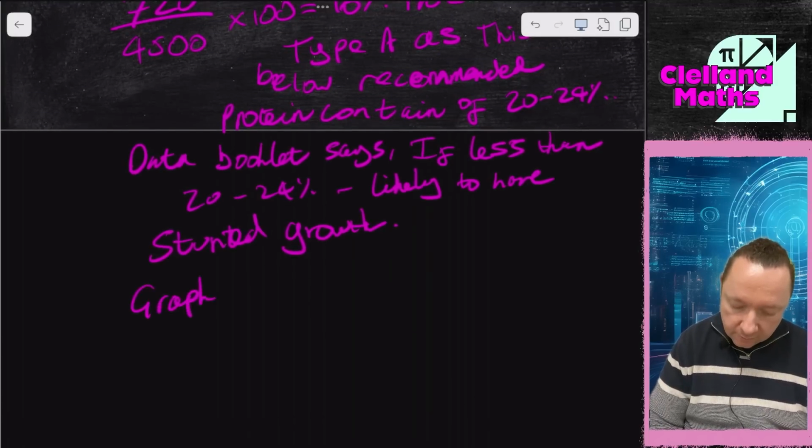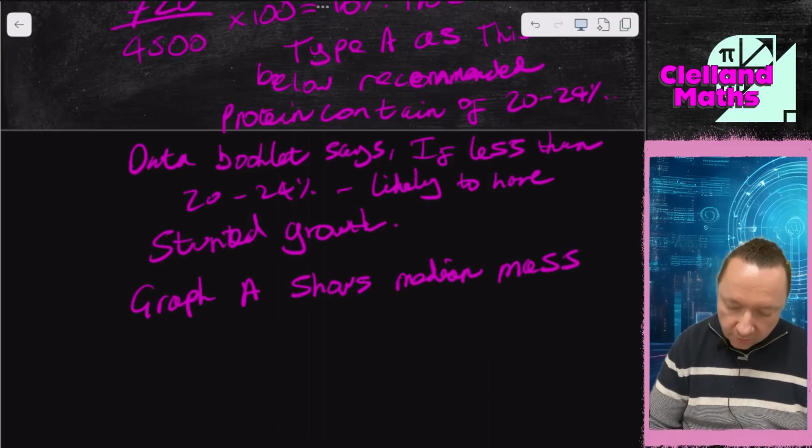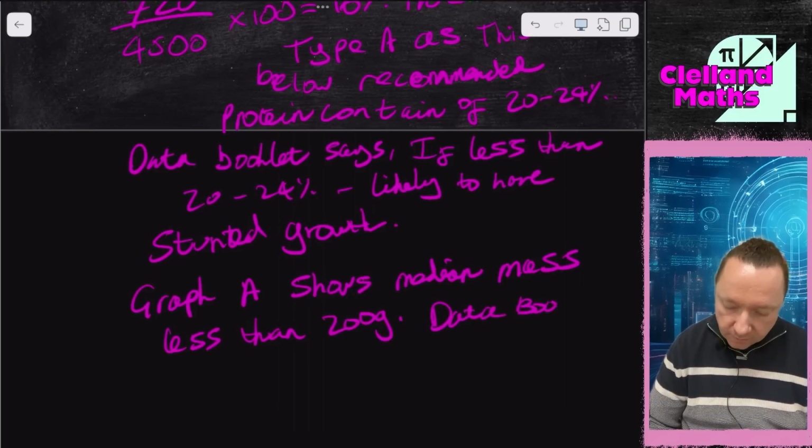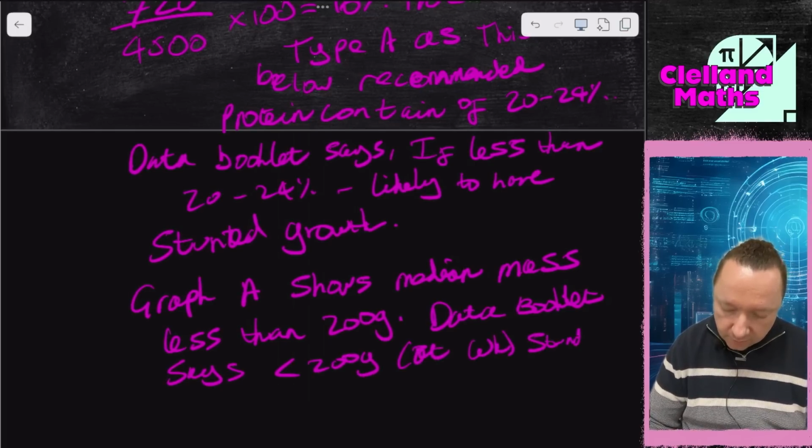Graph A shows median mass of less than 200 grams. Data booklet says less than 200 grams at 3 weeks is stunted growth.